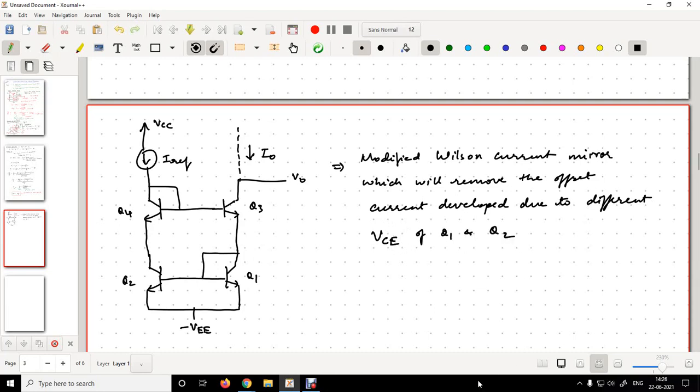So the extra transistor which you are using is this. This is the extra transistor which you are using.